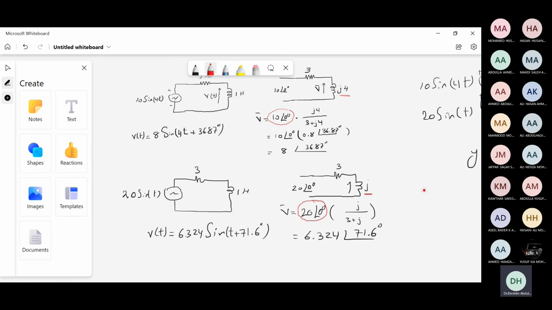See here, to find the output in phasor, we multiply the magnitude and angle of the supply with this value, actually with this one, to get V complex here. Similarly, we multiplied the supply here with this one.